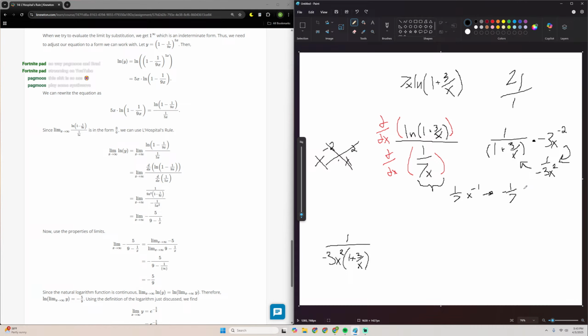I didn't need the times. x to the negative 2. Move it down a little bit. Actually, I'll move it down right here. Okay.